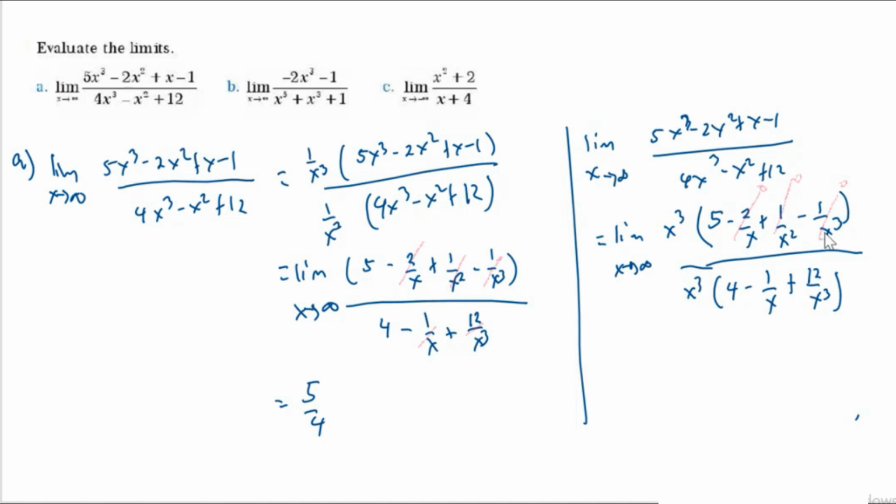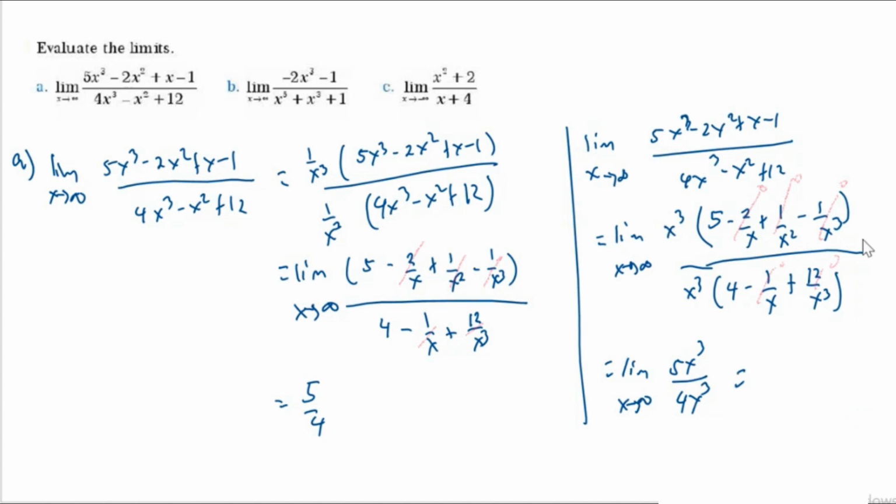So everything that has a denominator with a value of positive infinity, all of these will become 0. So the remaining terms now, we have the limit of 5x cubed, because x cubed times 5 is 5x cubed, all over 4x cubed as x approaches infinity.